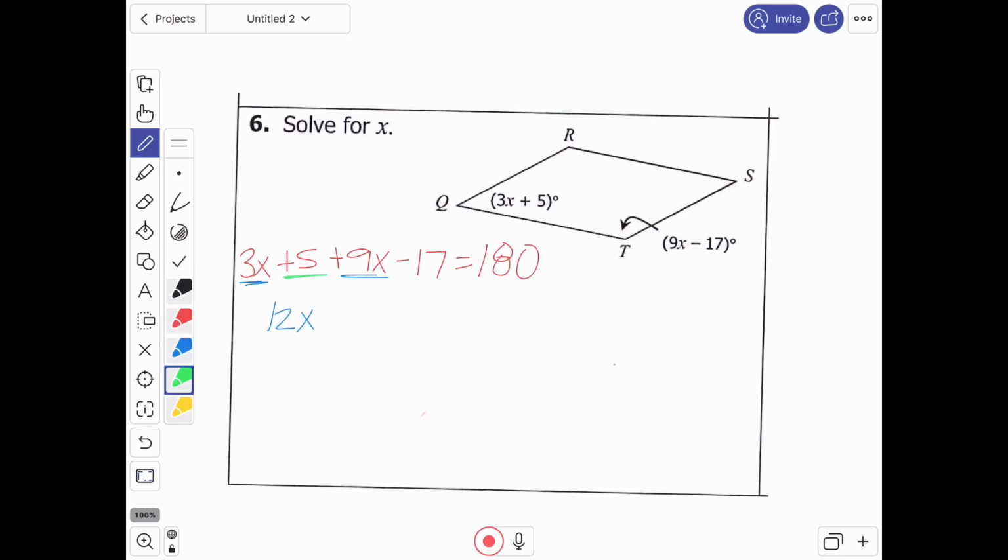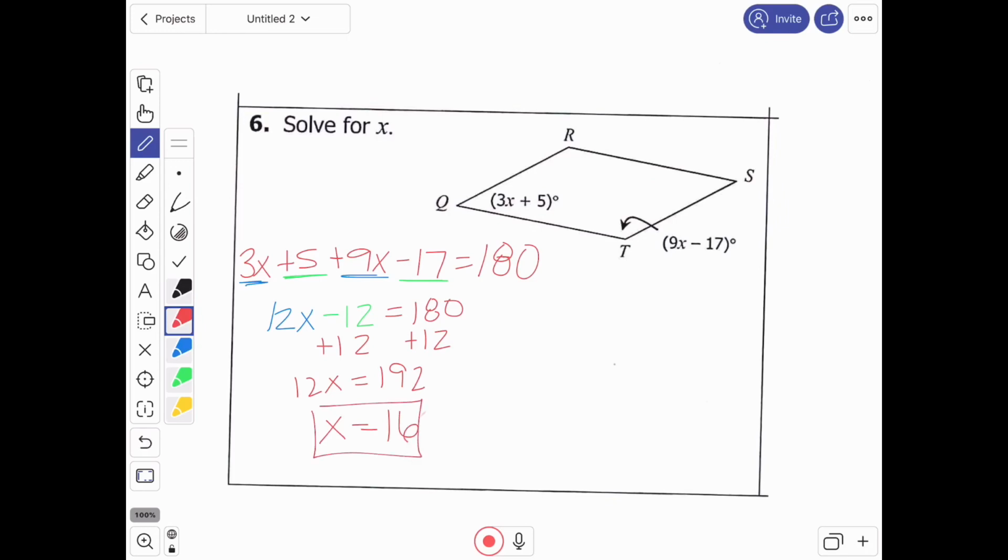And then 5 minus 17, I get negative 12 equals 180. And then we just add 12. Get 12x equals 192. And so x equals 16. And this one we're just solving for x, so you were good with just that.